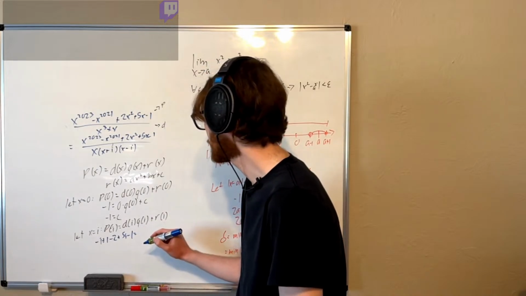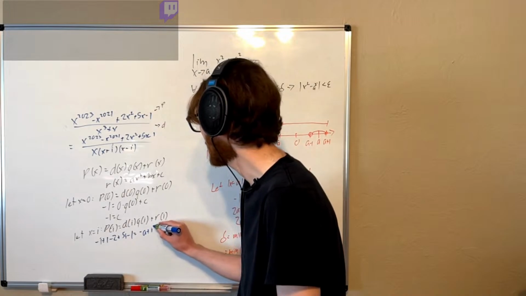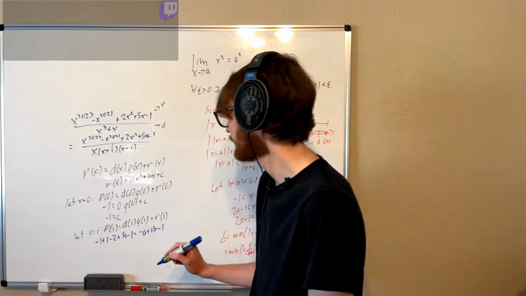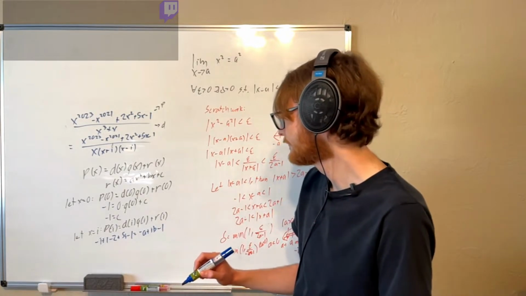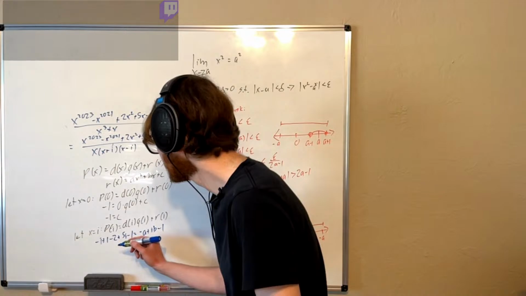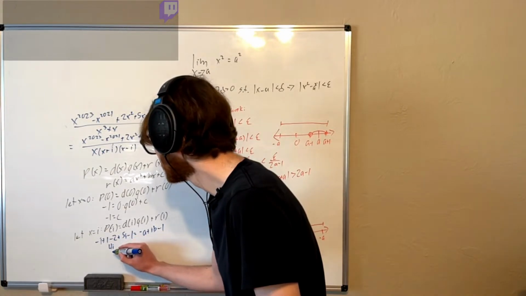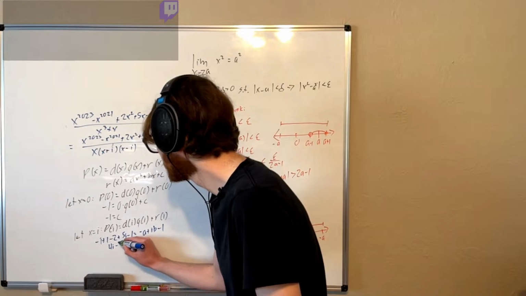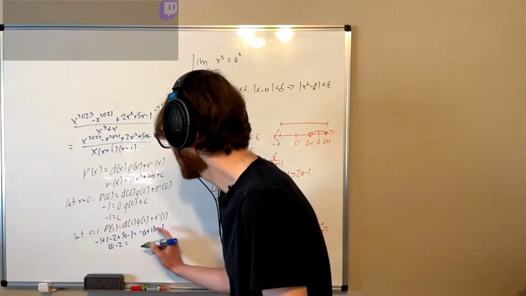And I'm just going to skip writing R of I. Minus a plus ib minus 1. Okay, that looks more reasonable. Add the one over here.